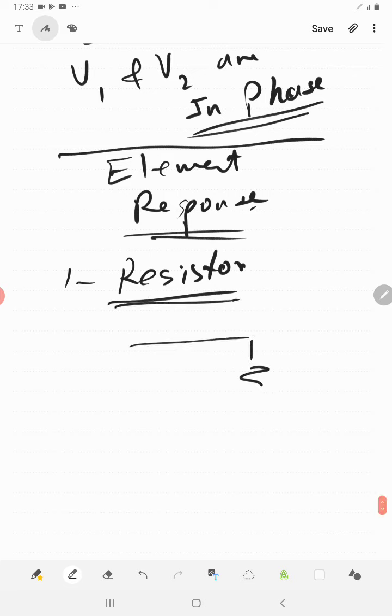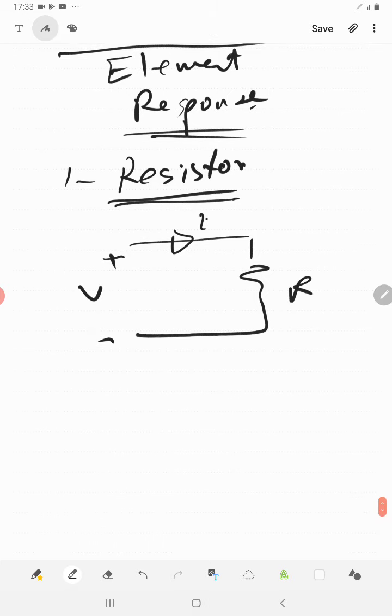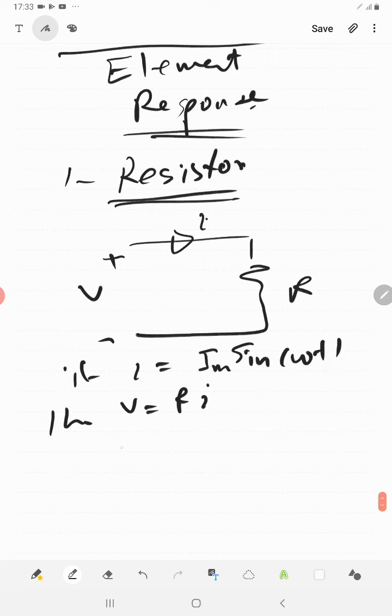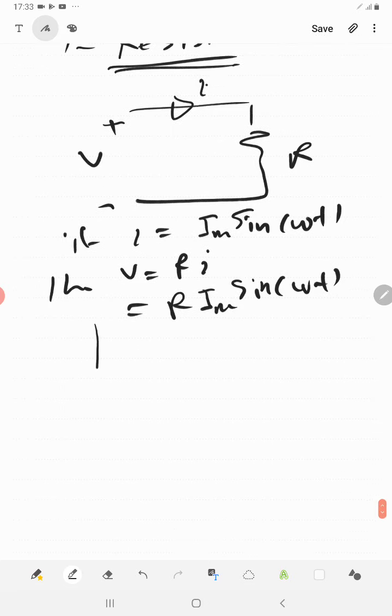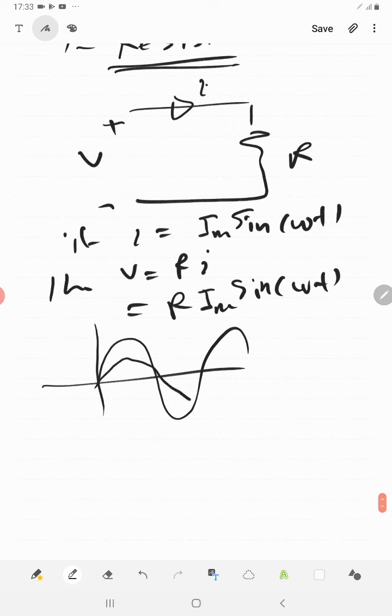We have an R, with plus and minus V, and this is I. Then if I equal I maximum sine omega t, then V equal R times I, equal R times I maximum sine omega t. Okay, so if this is V, you see I is in phase, okay?